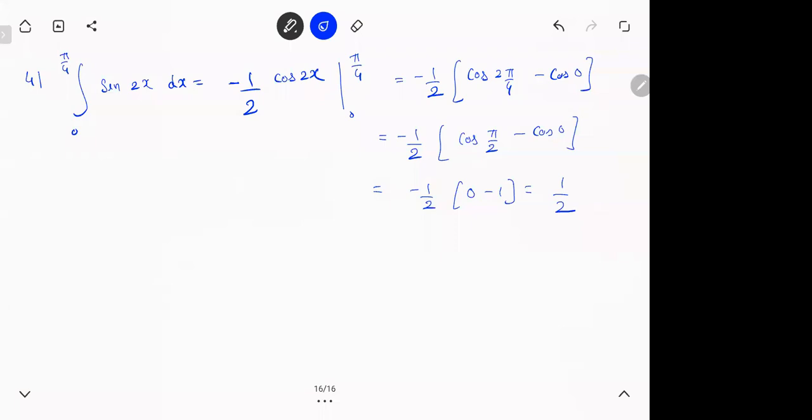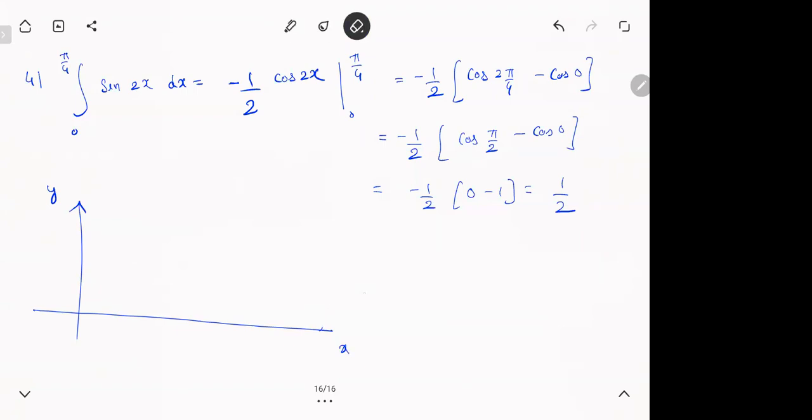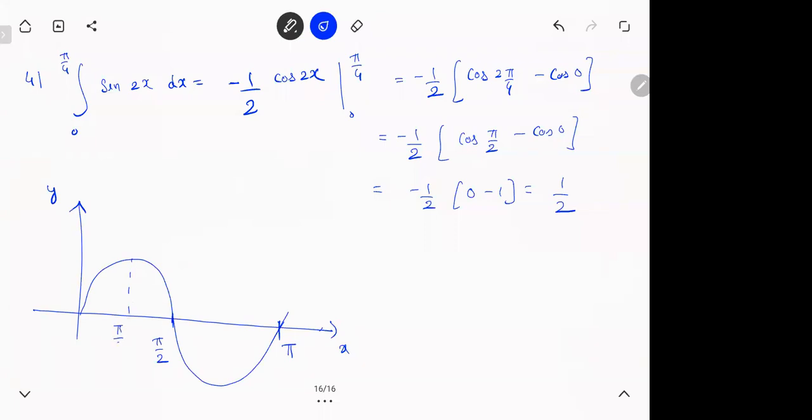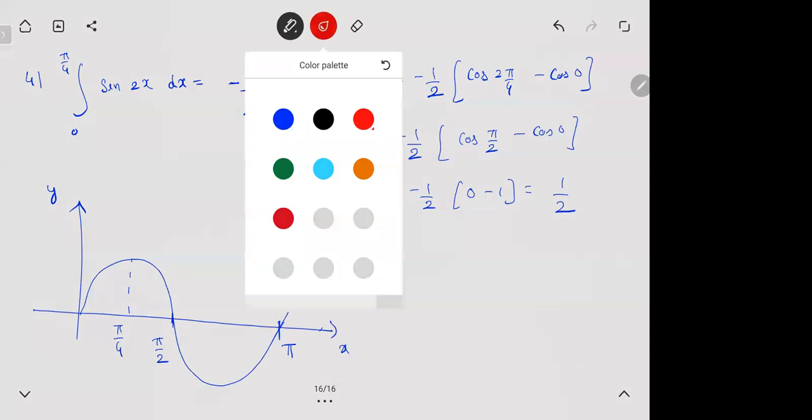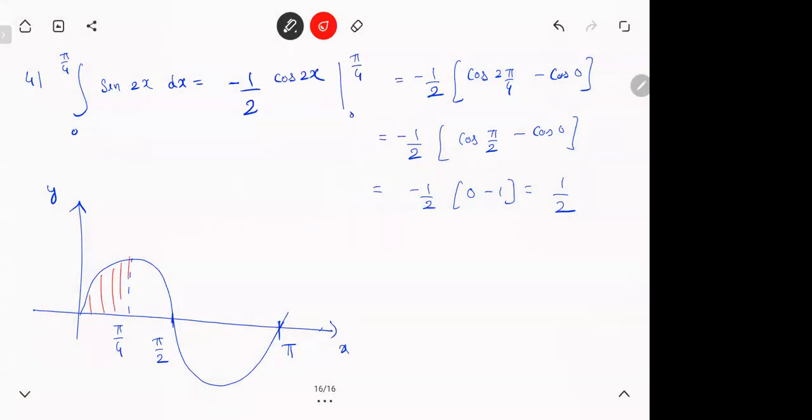You know what you did actually here? This is pi, this is pi by 2, this is pi by 4. You found out this area.